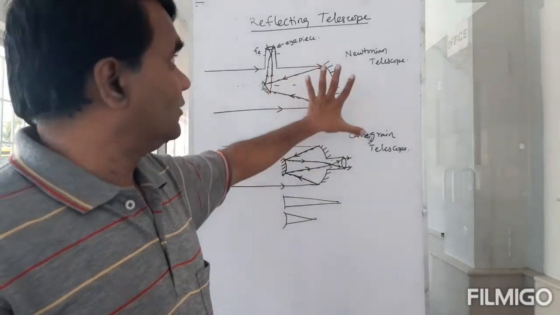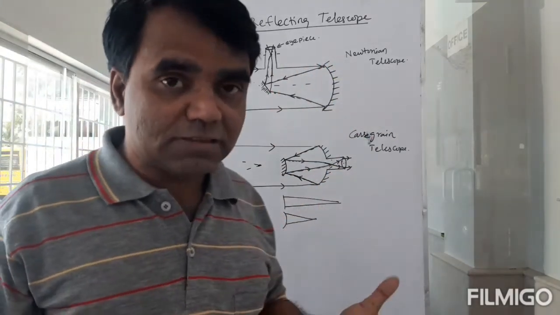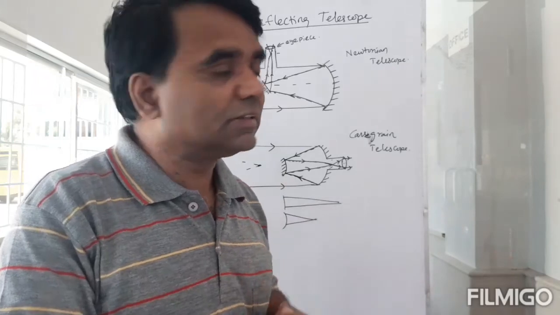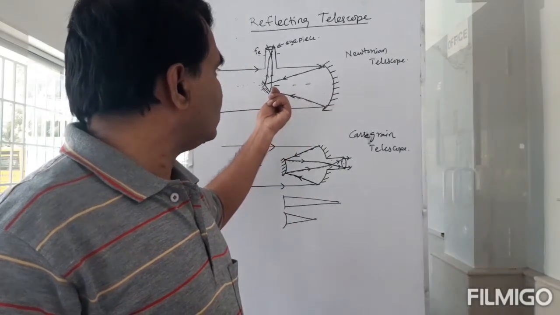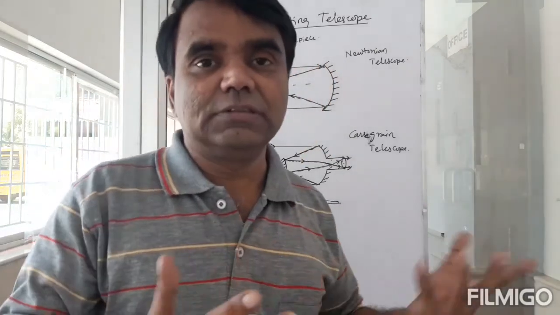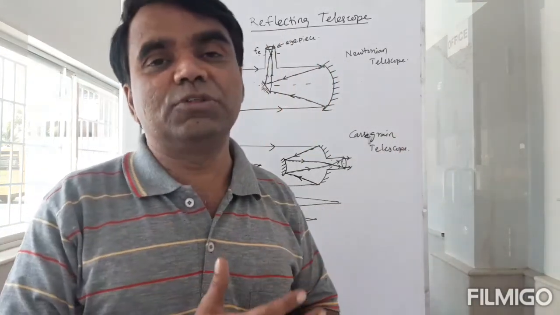The advantage of the reflecting telescope is that the chromatic aberration is taken care of. It doesn't happen in this case, and supporting the mirror is much easier than supporting a lens in a refracting telescope.